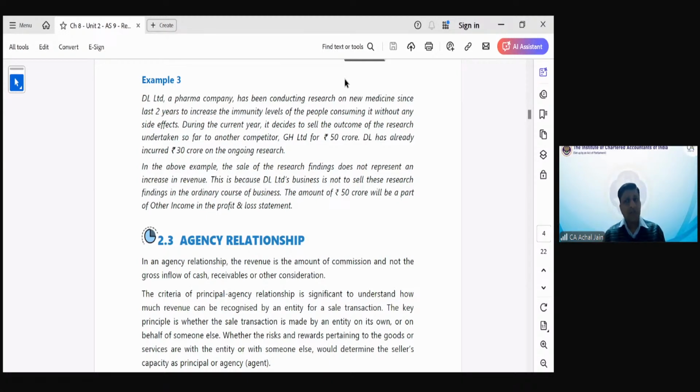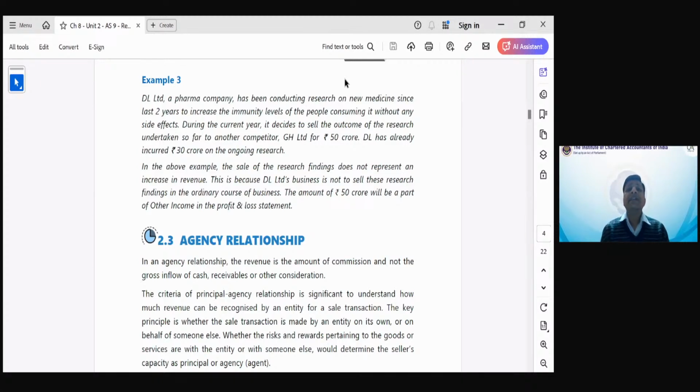Understood? Now, can you tell me one more thing? If let's suppose you have this type of gain, so how do you present that in the P&L? Where do you present that in the P&L? Yes, tell me. Great.